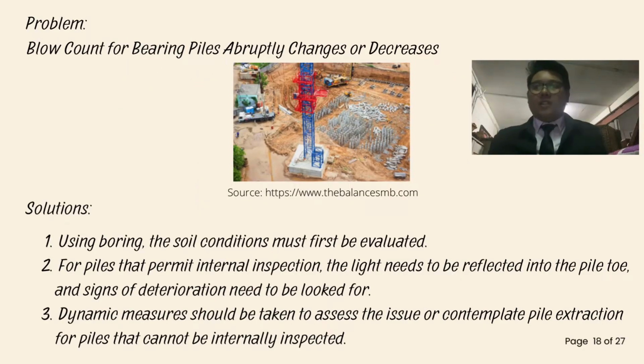Problem number 1. Blow count for bearing piles abruptly changes or decreases. The solution is, using boring, the soil condition must first be evaluated. For piles that permit internal inspection, light needs to be reflected into the pile too, and signs of deterioration need to be looked for.